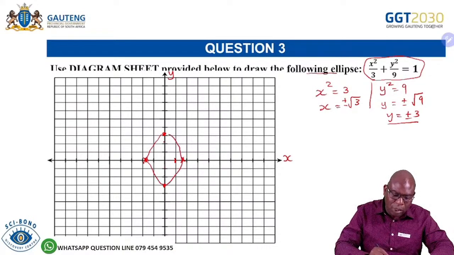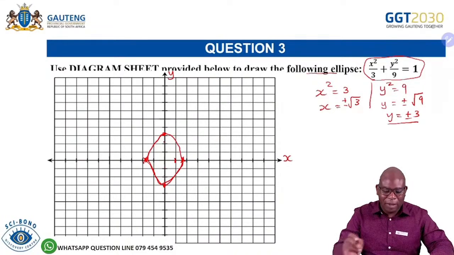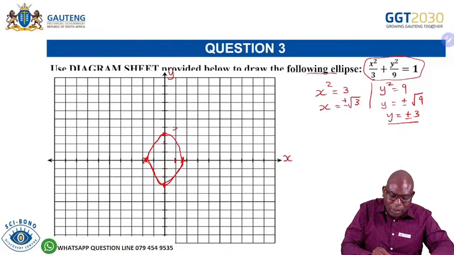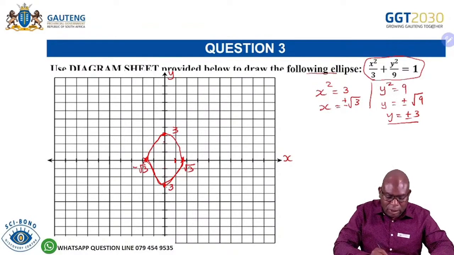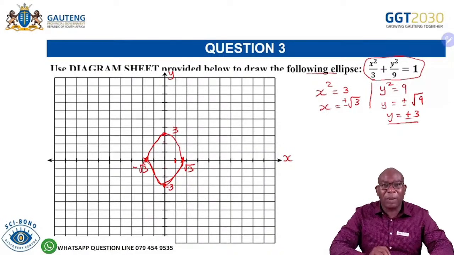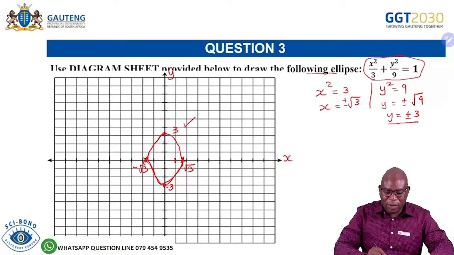Don't use a ruler, please. And then from there you have your beautiful ellipse. Then you write 3, you write square root of 3, you write negative square root of 3, you write 3 there, and negative 3 there, and you're done. It's your 3 marks: 1 mark for the y, 1 mark for the x, and 1 mark for the shape.